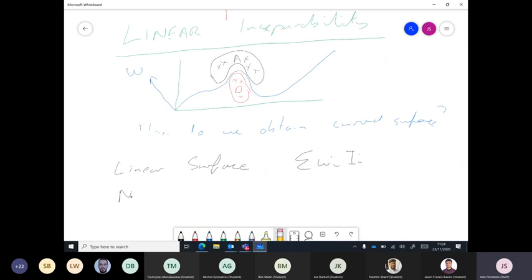So for a curved surface, we need higher order terms.